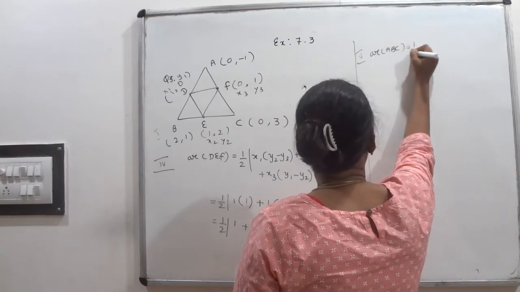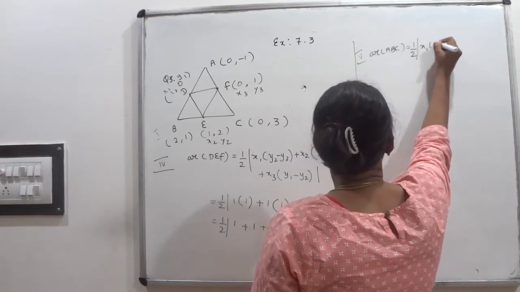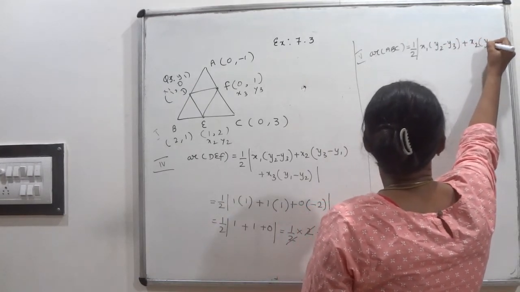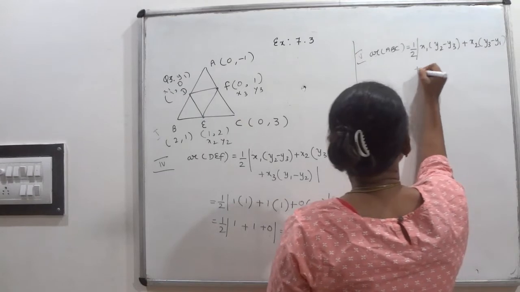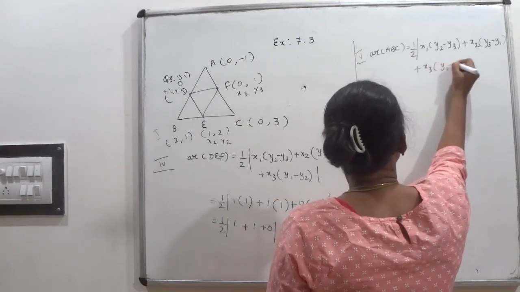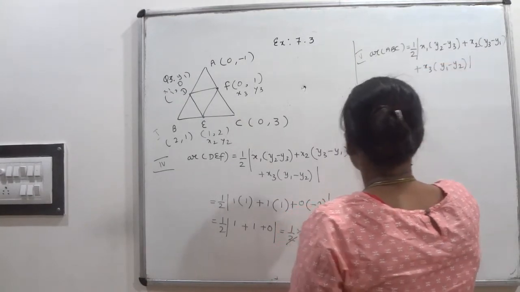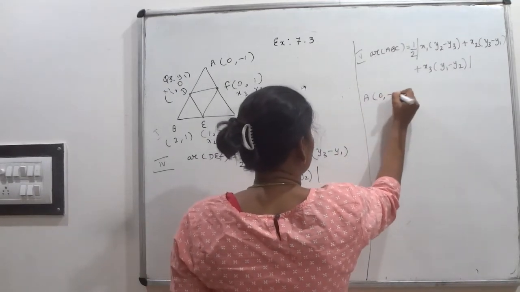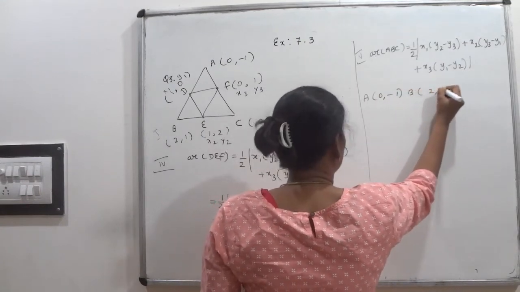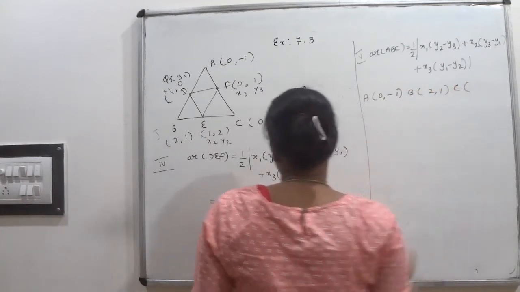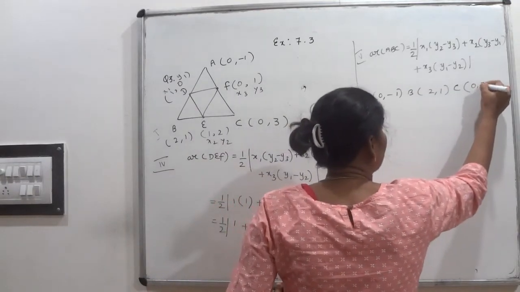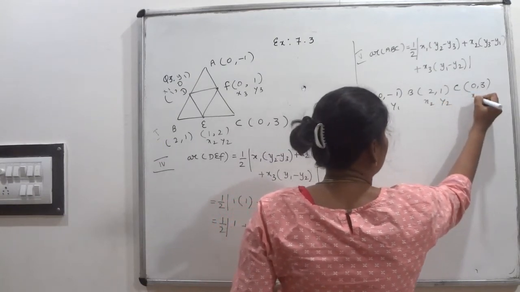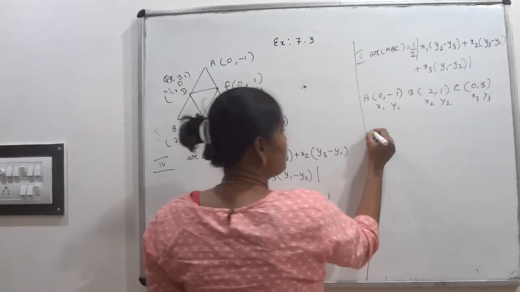Write the formula again, half into x1 (y2 minus y3) plus x2 (y3 minus y1) plus x3 (y1 minus y2). Close the modulus. Write the coordinate points. A, that is (0, -1). B, that is (2, 1). Be careful while writing the coordinate points. C, (0, 3). Mark x1, y1, x2, y2, x3, y3. Put the values in the formula.